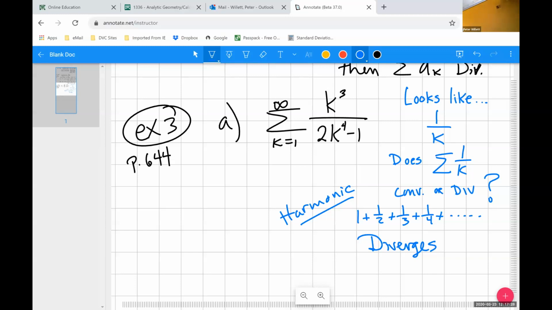Now, unfortunately, if I multiply the 2 times the k on the bottom, that makes it half as big, but basically we can still get there anyway. So let me show you what I would do.